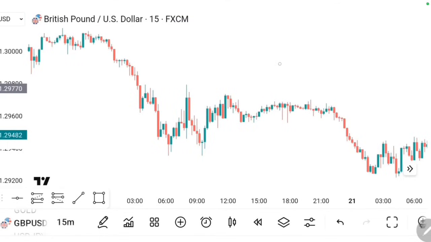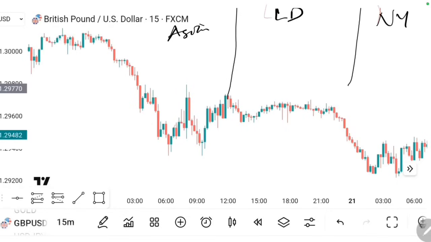Now, for the buy model of this strategy, you have the Asian session, the London session, and the New York session. Almost every time the market will open with a consolidation. The Asian session is mostly a consolidation.